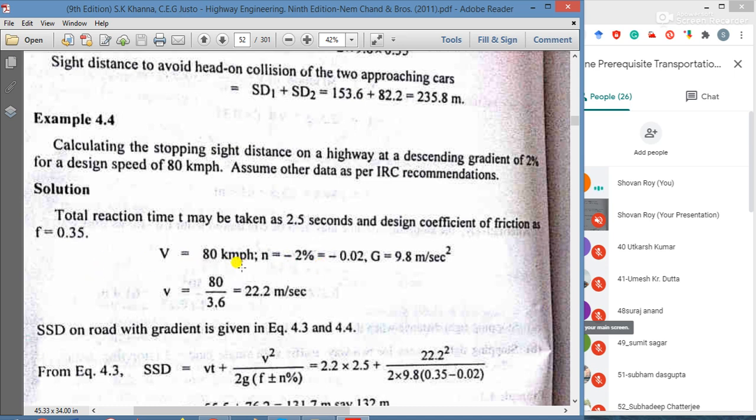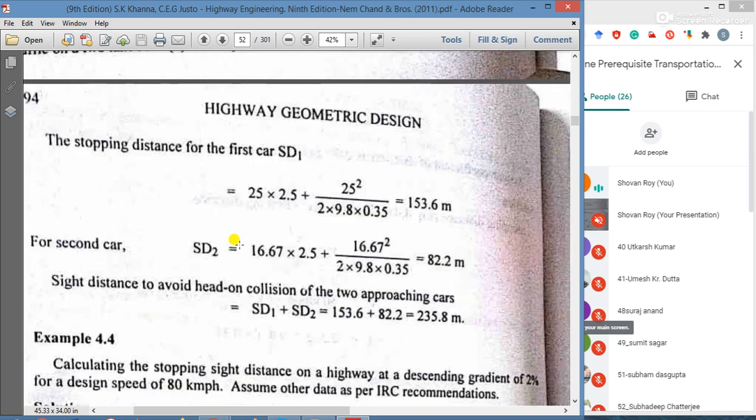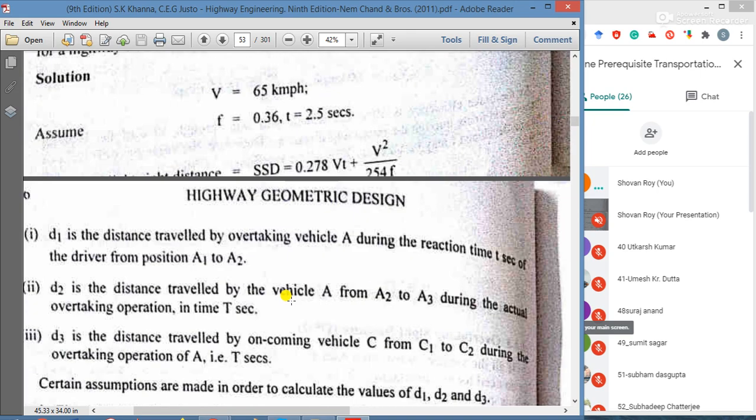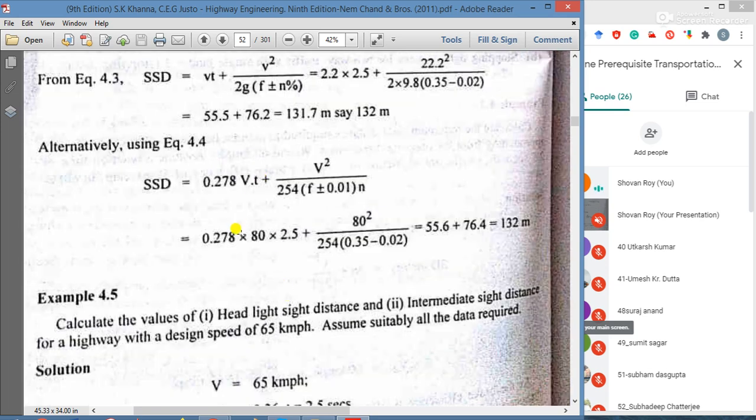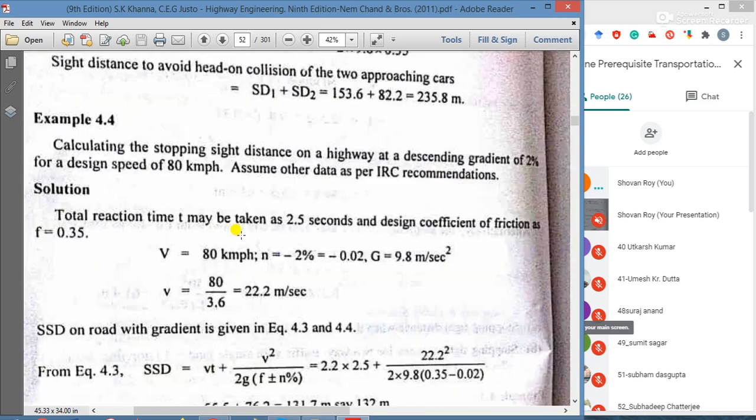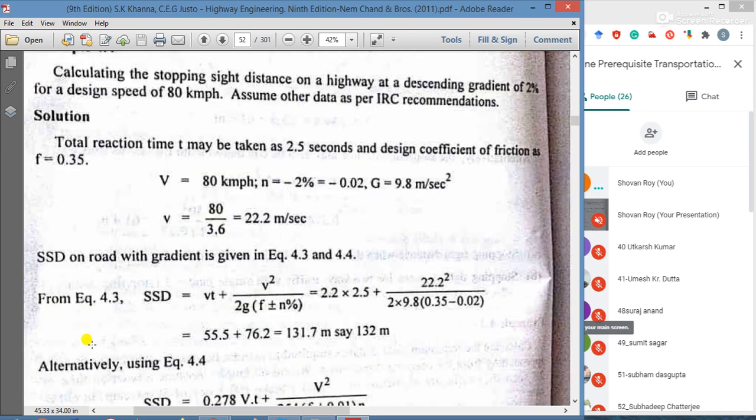Now convert this V. We can also use the formula directly, but in this solution it is converted. So V is 80 by 3.6, which is 22.2 meter per second. Now SSD on a road with gradient is Vt plus V square by 2g times (f plus or minus n%).